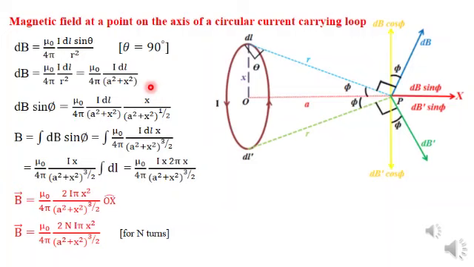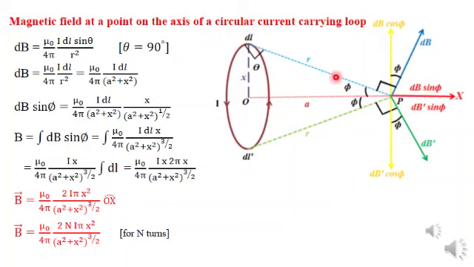As we discussed before, dB can be resolved into two components. dB sin phi along the axis, dB cos phi perpendicular to the axis. For any two diametrically opposite elements of the loop, the components perpendicular to the axis of the loop will be equal and opposite and hence cancel out. Only the axial component remains.